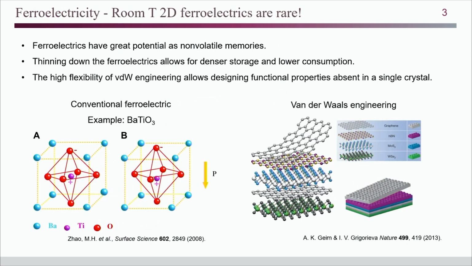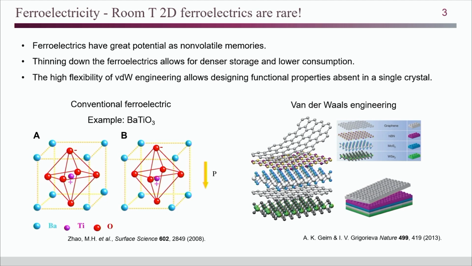So before we go into sliding ferroelectricity, let's recap a little bit on ferroelectricity. Ferroelectrics are a kind of material that has a spontaneous polarization. Take the conventional ferroelectric barium titanate, for example. Before the phase transition, the titanium ion is in the center of the oxygen octahedron.